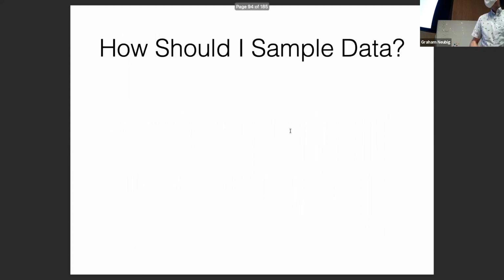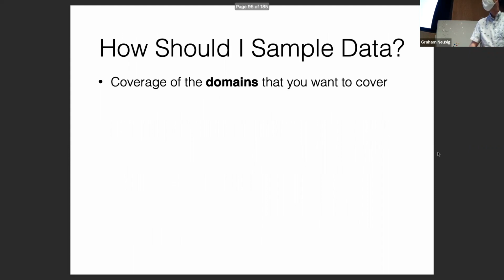Cool. Okay, next question. How should I sample data? This is a question that I kind of wish we thought about more. I think we are starting to think about it more as a community, but maybe still not as much as we should. If you're building an application that people are going to use, you want to make sure that your data covers the domains that you would like to cover.